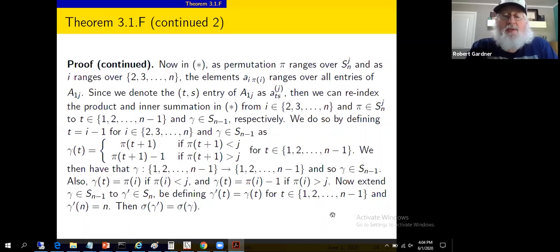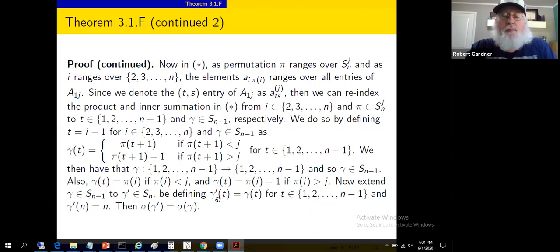So we'll let gamma prime do the same thing that gamma does on 1 through n minus 1. And we'll define gamma prime of n. Gamma prime has to be defined on 1 through n, and we'll define it to be output n.